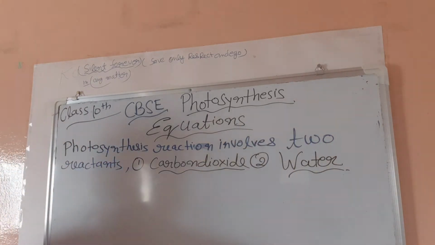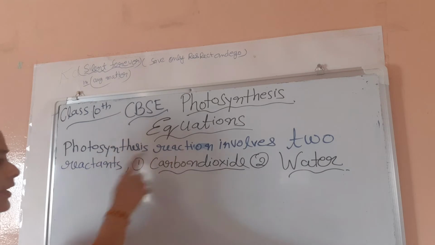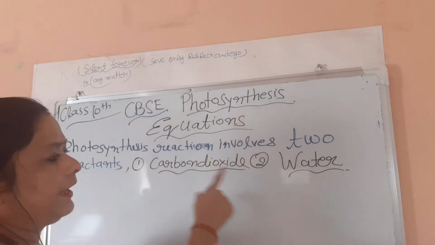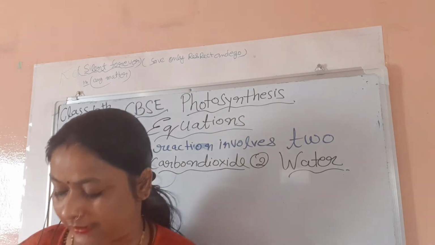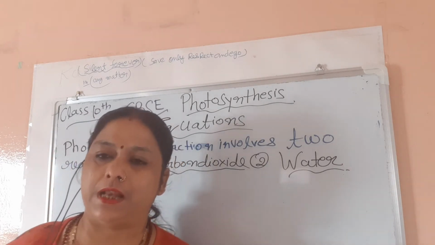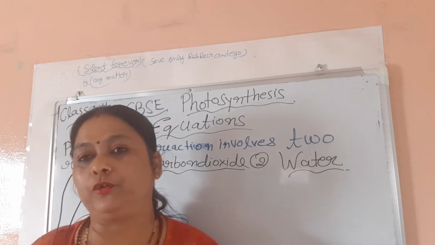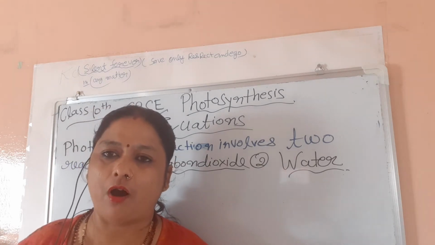In the photosynthesis reaction, the two reactants, carbon dioxide and water, react together in the presence of sunlight and chlorophyll and produce glucose and oxygen.